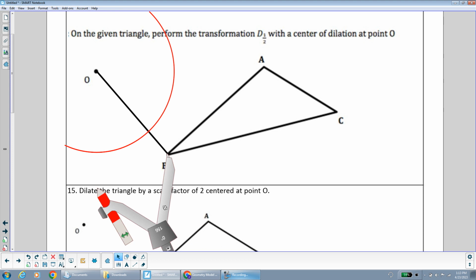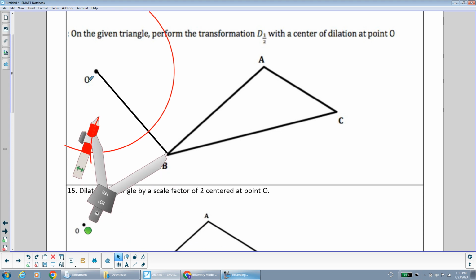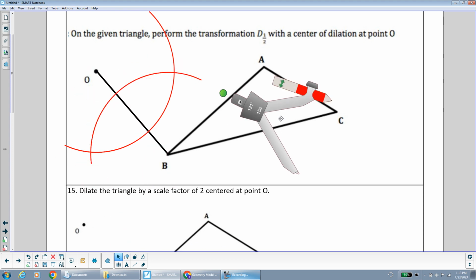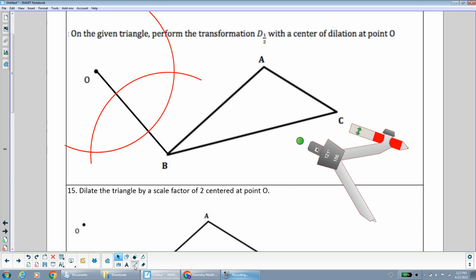I'm going to be as accurate as possible, but we try to be as precise as we possibly can be. And right through there is our perpendicular bisector. So our point B prime would be that halfway point right over here. That's our point B prime.